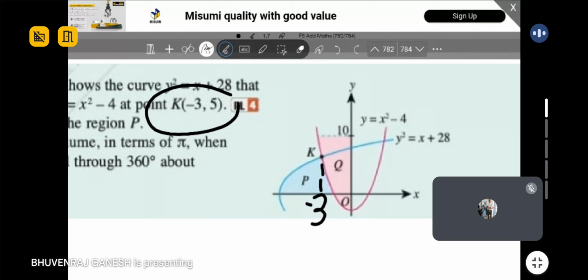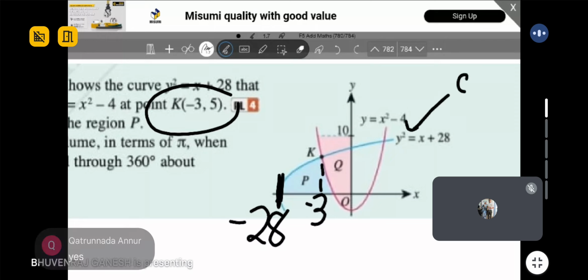Okay, no need to do anything. Okay, guys, what is this value? Can you all tell me? Apa nilai yang tu? This one basic concept. So you will get negative 28. Am I right? Because you substitute y equal to 0.